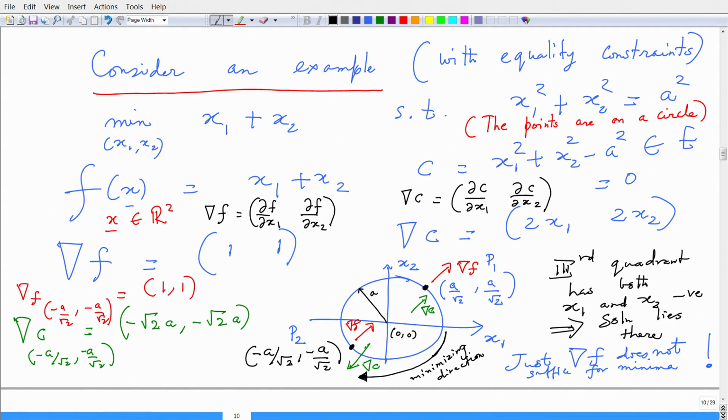A point to note is just computing del f does not suffice for the minimum, because you have to examine del square f at that point.